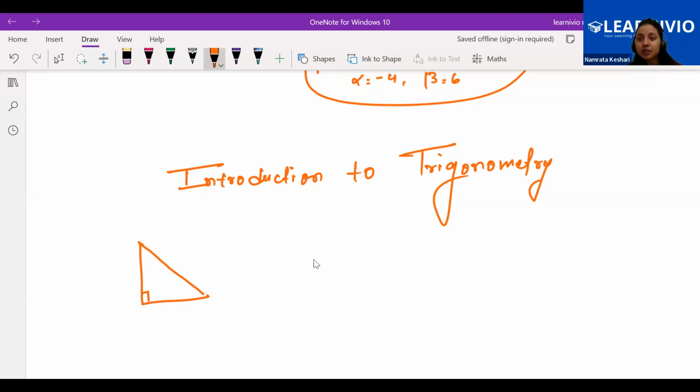Because we are working with a right angle triangle, and right angle triangle means Pythagoras theorem, which we can easily use whenever we need. Suppose one of the sides is given as 5, another side is given as 4, and one of the sides you have to find. Will it be possible for you to find it even before starting the introduction to trigonometry?